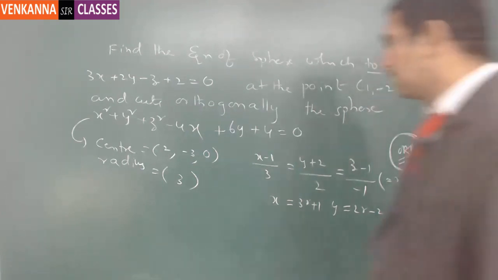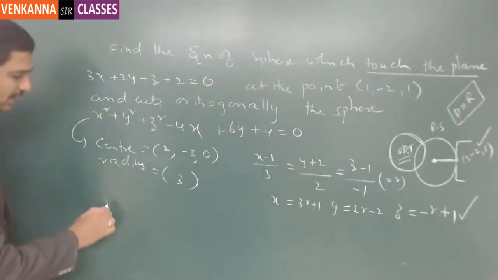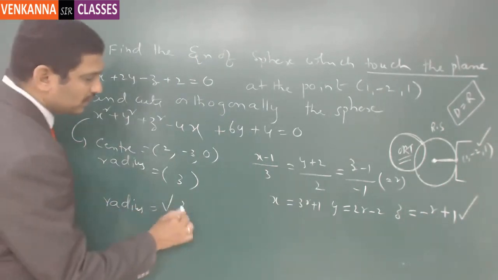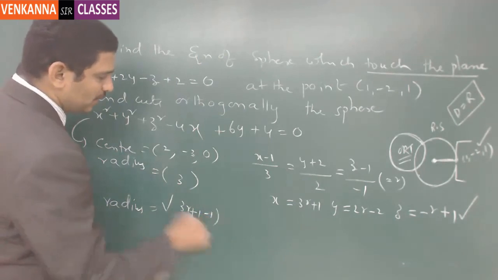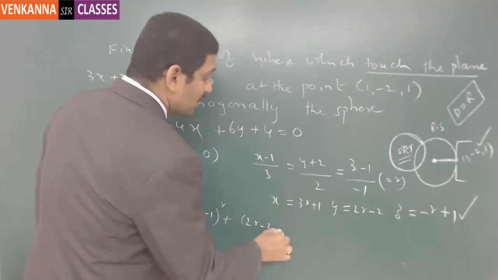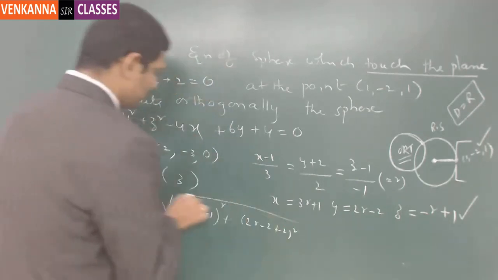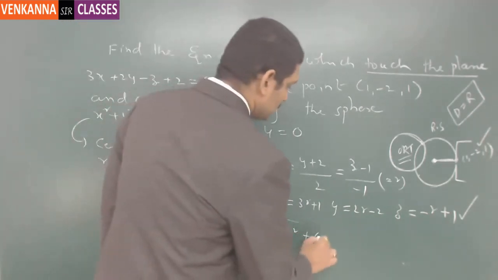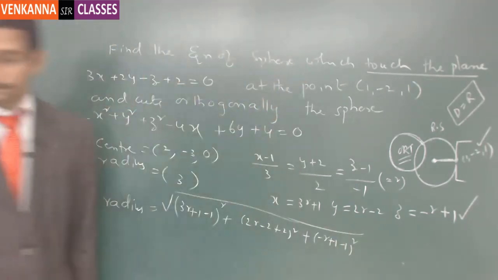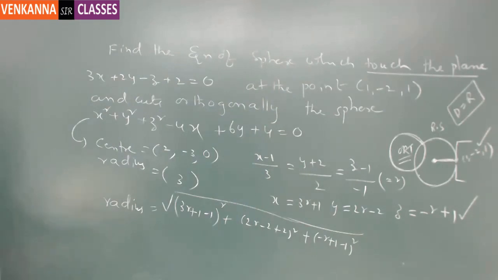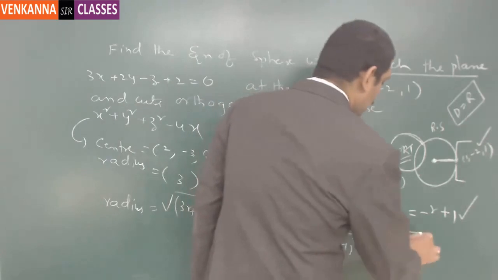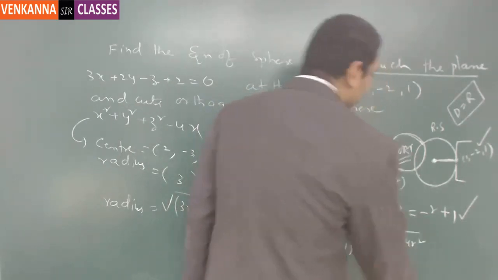If you apply the formula, radius is equal to square root of (3r plus 1 minus 1) whole square plus (2r minus 2 plus 2) whole square plus (minus r plus 1 minus 1) whole square. So which is giving root of 14 r square.